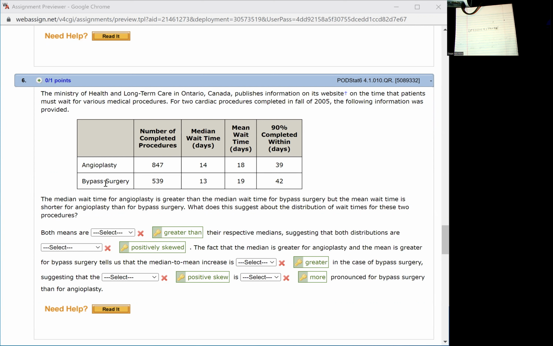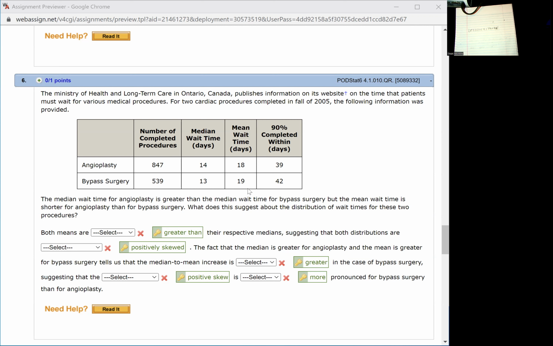And they looked at the wait time from the time that they signed up to have a procedure done until it was actually completed. They had to wait 14 days for angioplasty, that's the median, and bypass surgery was 13. The mean was 18 days wait, and the mean for bypass surgery was 19.